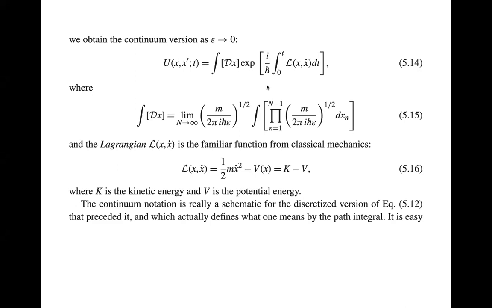Niels Bohr was at the time a leader of quantum mechanics. He refused to accept the idea of path integrals, and he thought quantum mechanics has no path. There's no so-called path in quantum mechanics, and he said Richard Feynman does not understand quantum mechanics.